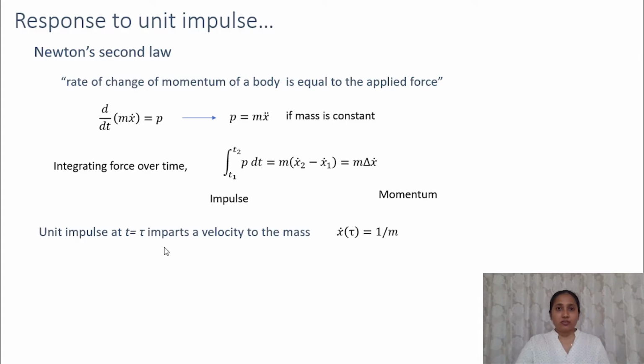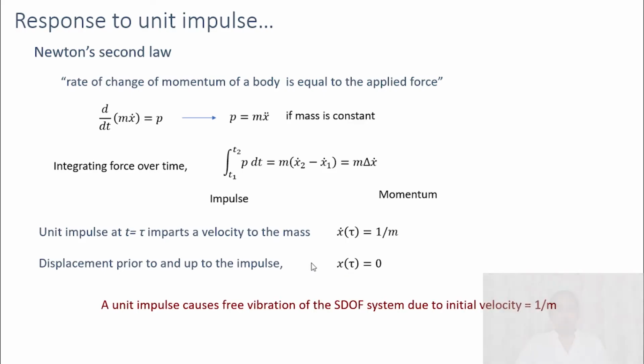So what would be the displacement? The displacement before and up to the impulse will be equal to 0, since the single degree of freedom system is at rest initially. So a unit impulse acting on a single degree of freedom system causes free vibration of the system due to this initial velocity 1 by m.